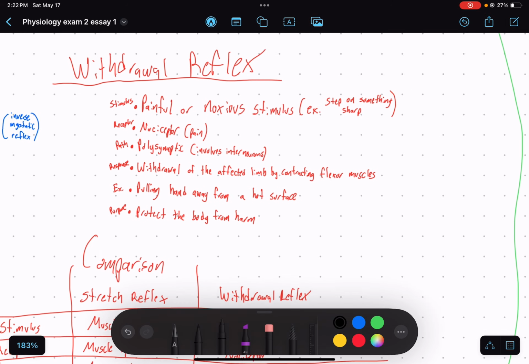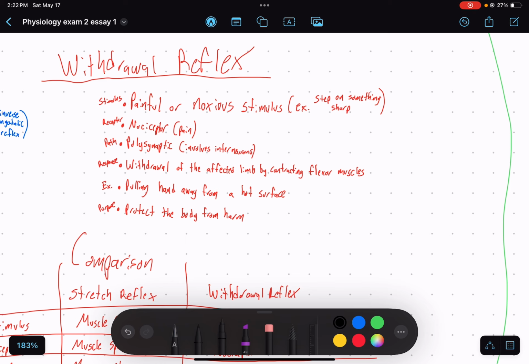Then we have our withdrawal reflex. That stimulus is painful; it responds to pain or a noxious stimulus. The receptor is your nociceptor, and its pathway is polysynaptic, which involves interneurons. It's going to have multiple synapses.